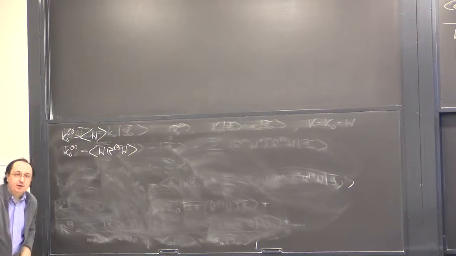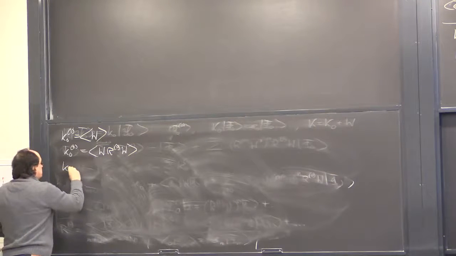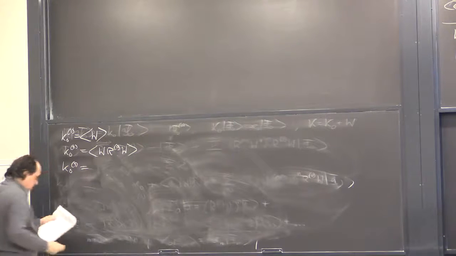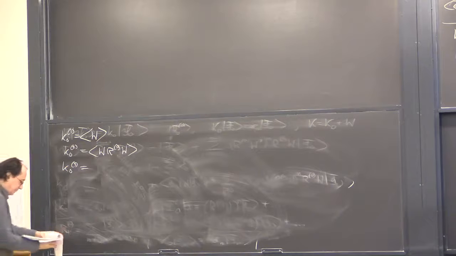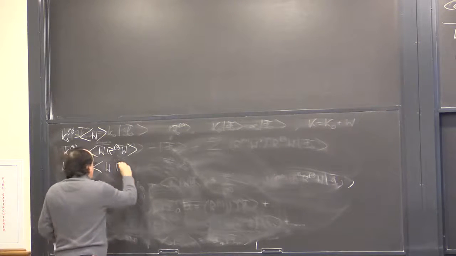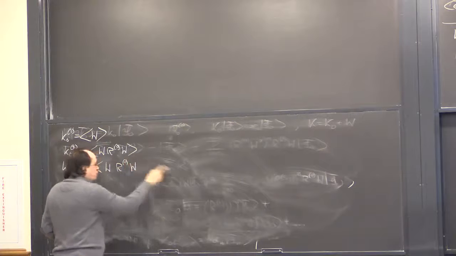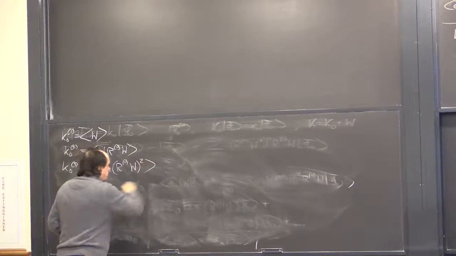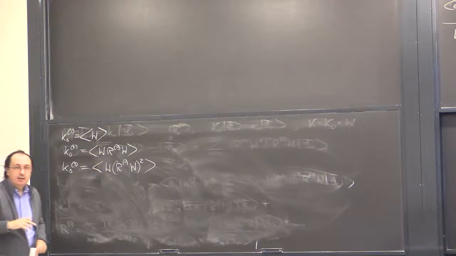So what is the third order correction? If you look back at your lecture notes, it is going to be the principal term, which is W, then R0 W squared, bracketed with phi0. That's the principal term.